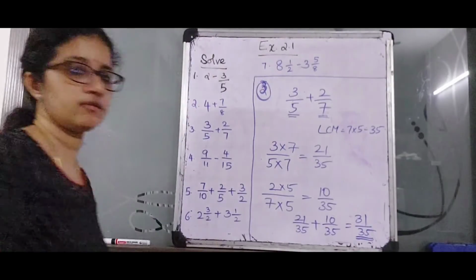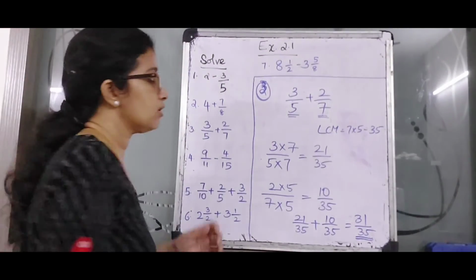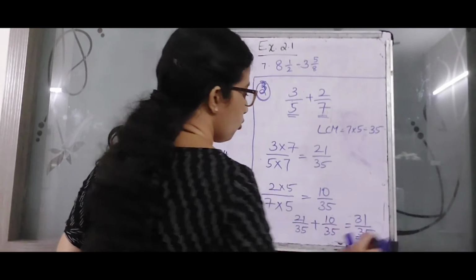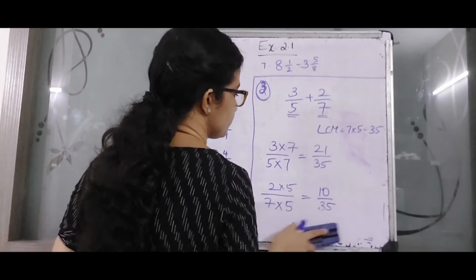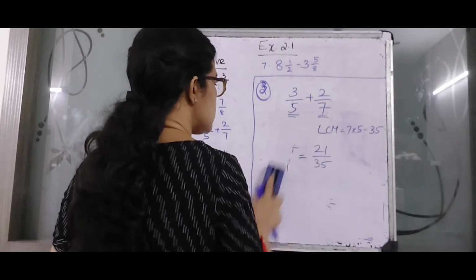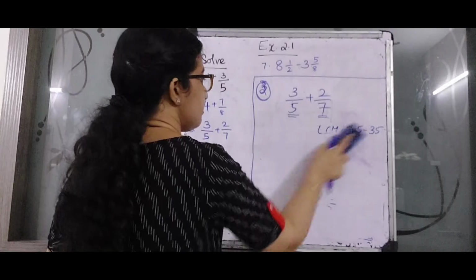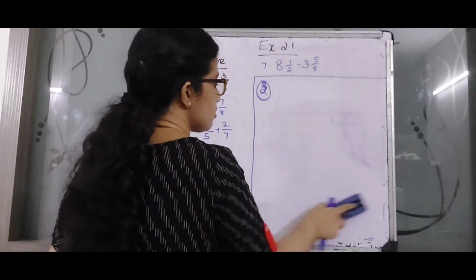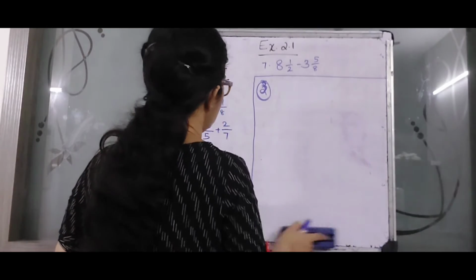This is the answer. So the answer for the third problem is 31 by 35. Hope you all understood this also. The procedure is the same. You just have to check the denominators and try to make them the same so that you can add or subtract the two fractions.